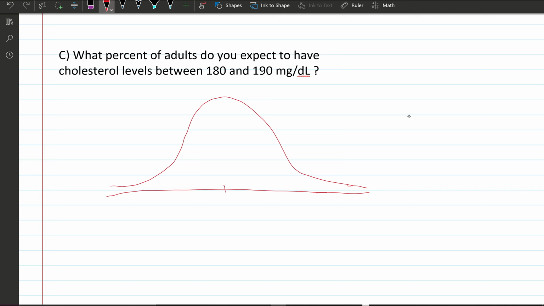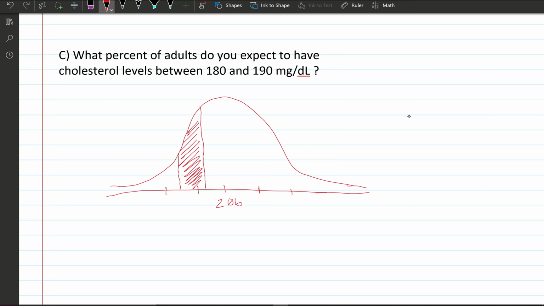All right, so again, if the mean of 206 is right there, and if we can think back to where one standard deviation was, the 188 and the 224 are at those tick marks, and two standard deviations, 170 and 242, were at these tick marks, then 180 to 190 is probably somewhere between these two lines, this shaded area there.